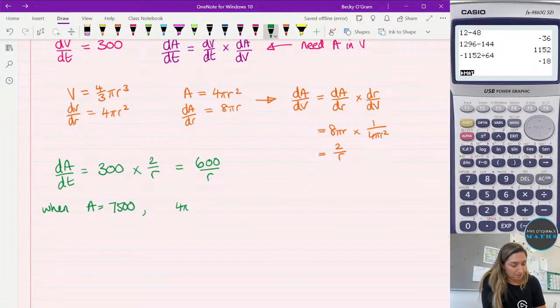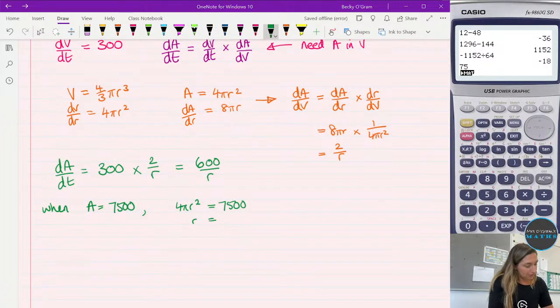So surface area is 4 pi r squared, and we're setting that equal to 7,500. So r would be 7,500 divided by 4 divided by pi, and then square root.